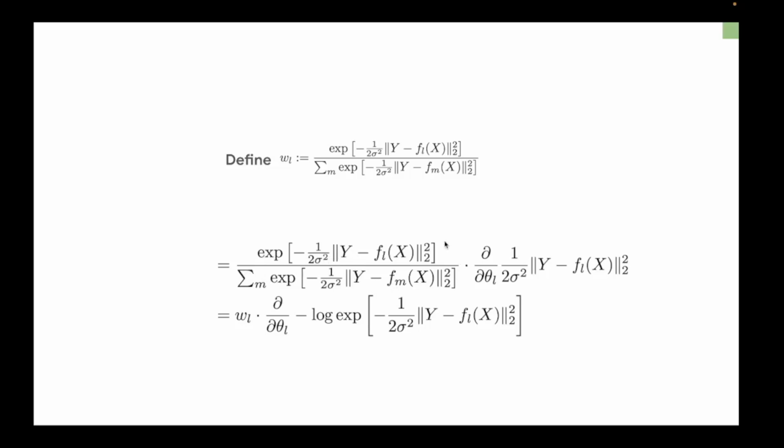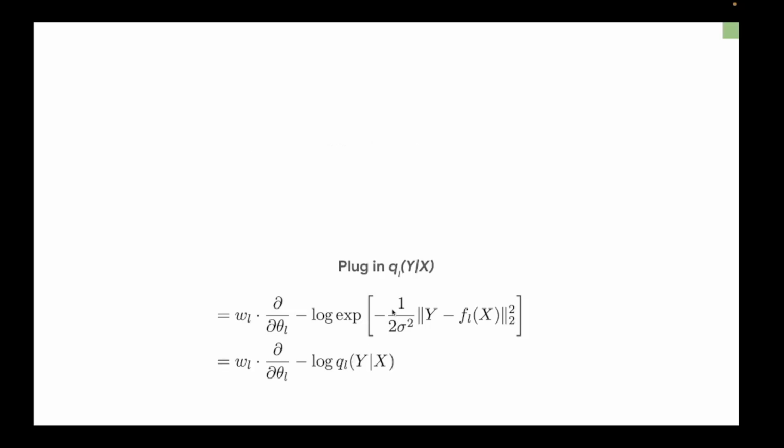So in short, this is just w_L, right? Some kind of weight you put on top of this value here. So this part is now w here, and this part survives, right? But you put log and exp together, right? They cancel out, but instead of canceling them out, I revived them here because I wish to go back to the form of q_L of y given x. Actually, exp of that is basically q_L of y given x.